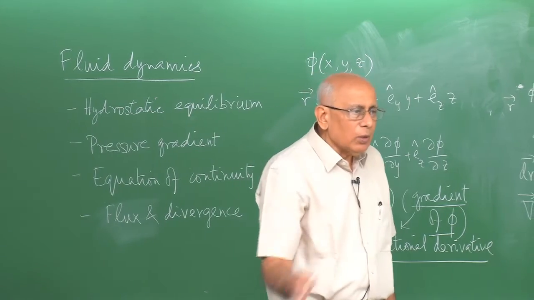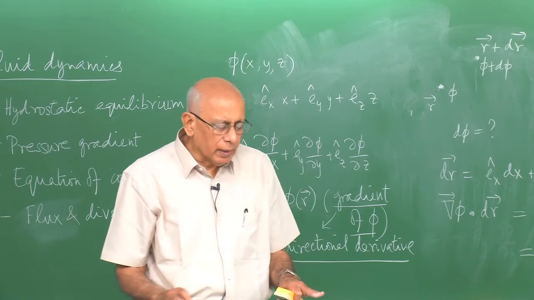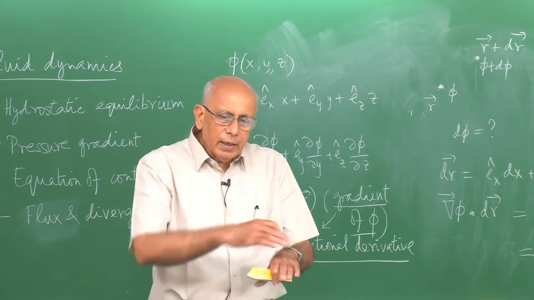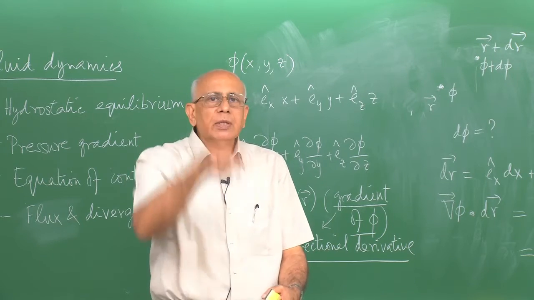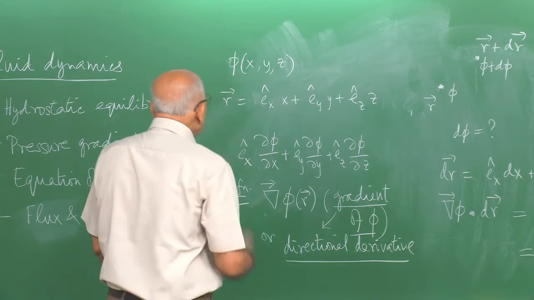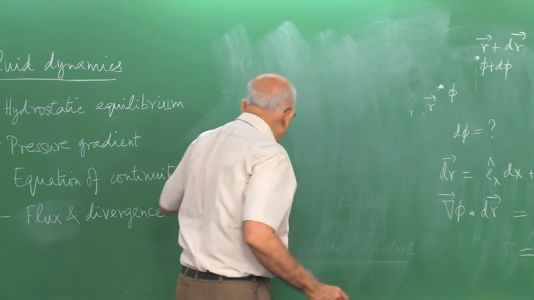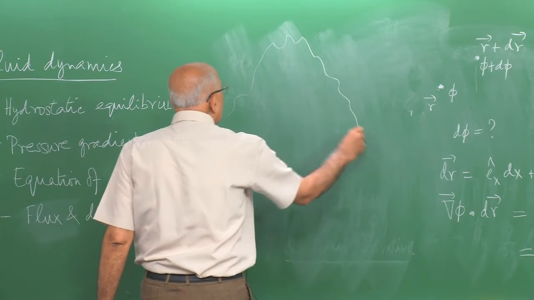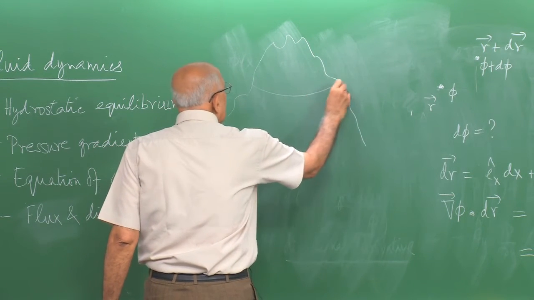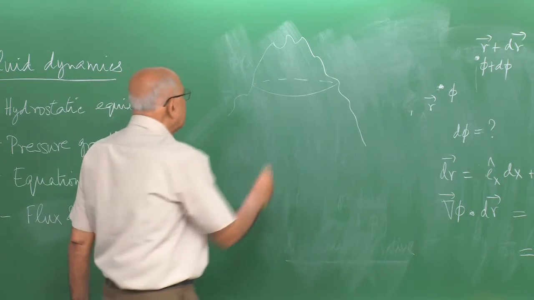Let us suppose that you have a hilly terrain on the surface of this earth, which I will assume to be plane for the moment, and I have a hilly terrain at which for each x and y horizontal coordinates I have a certain given height. So it is like a mountain range. It is like some kind of complicated mountain range of this kind, and on this mountain range you would have seen there are contour maps which tell you all points of the same height.